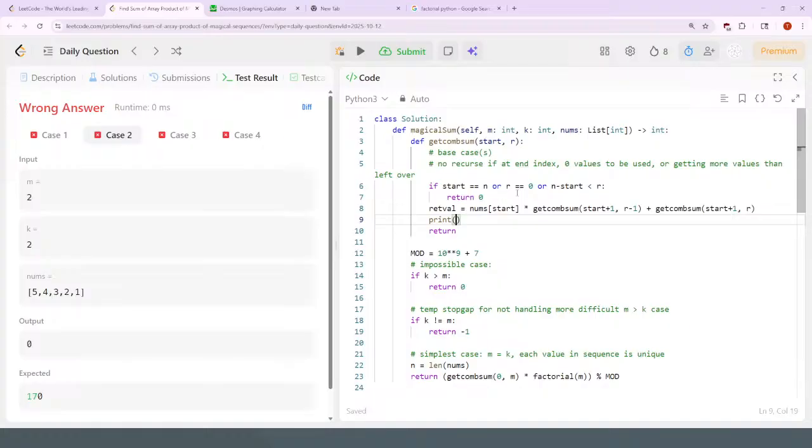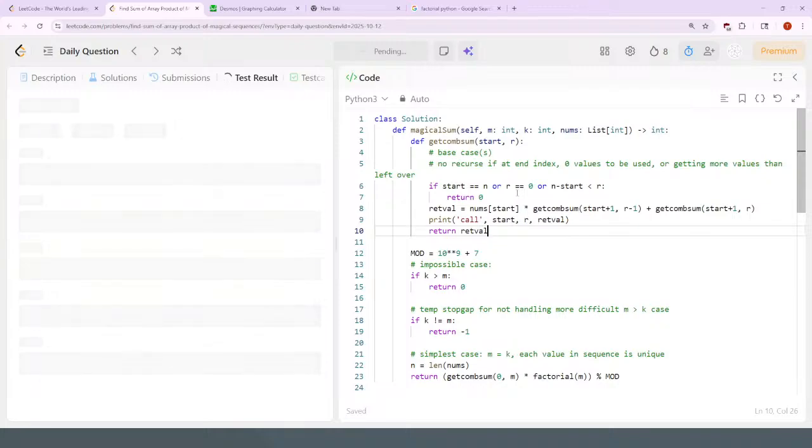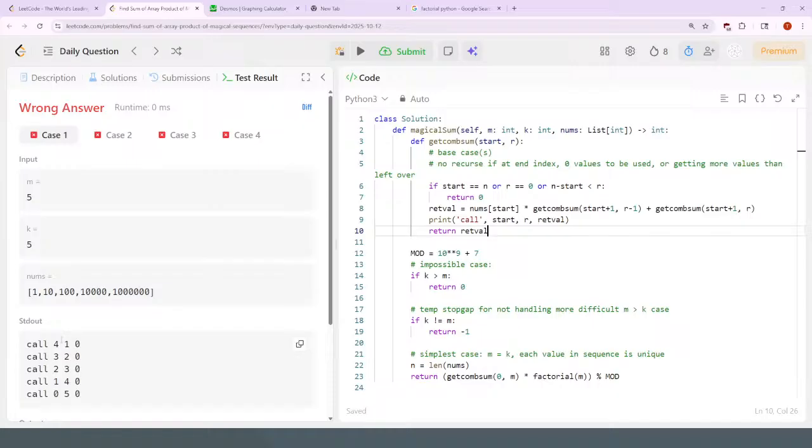Print call start r return value. Okay, so it's returning 0 a bunch of times.